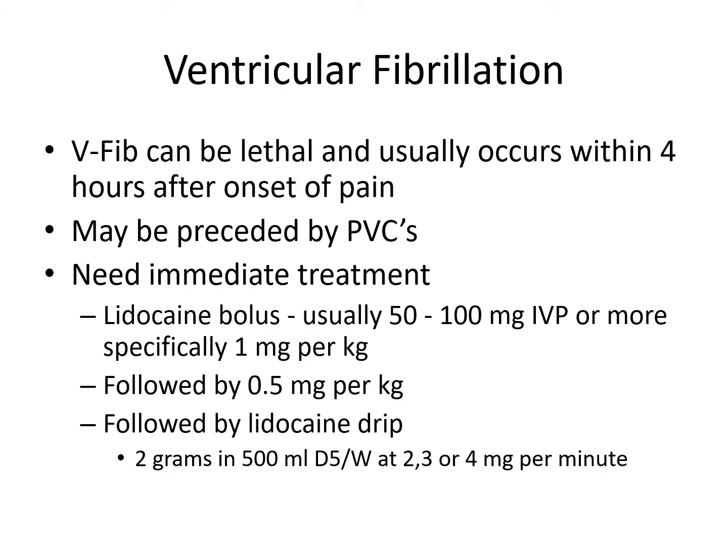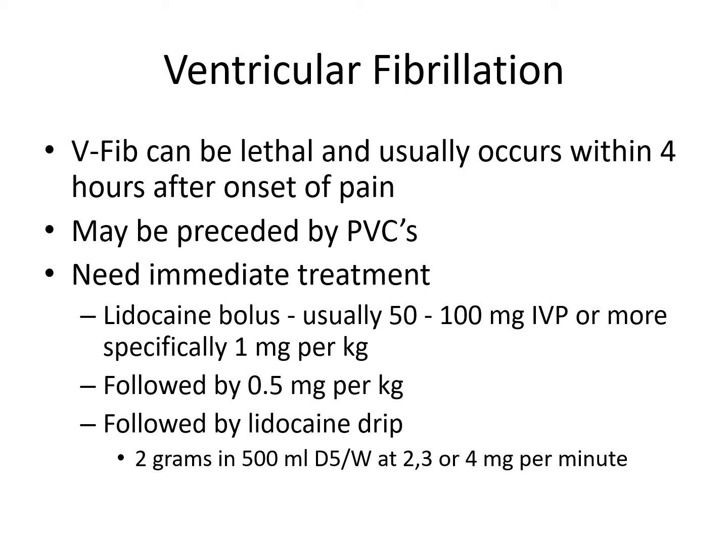Ventricular fibrillation is a life-threatening arrhythmia or dysrhythmia. It can be lethal, and it usually will occur within 4 hours after the onset of pain. As a complication, we're talking here of an MI.